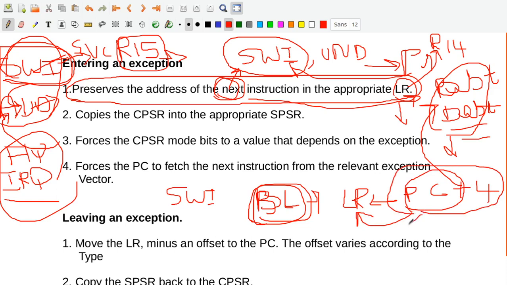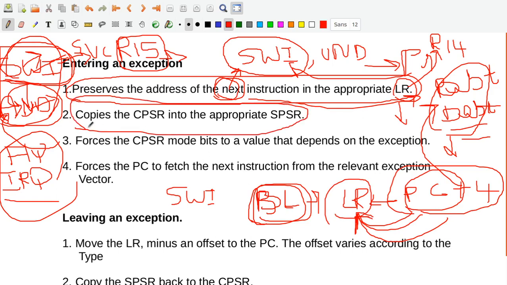LR gets PC plus 4, because the next instruction, let me write it, that instruction is the add. If this is PC, then PC plus 4 is this one. So the address of the add instruction is stored in the link register. Similarly, you also want to copy the CPSR into the appropriate SPSR.